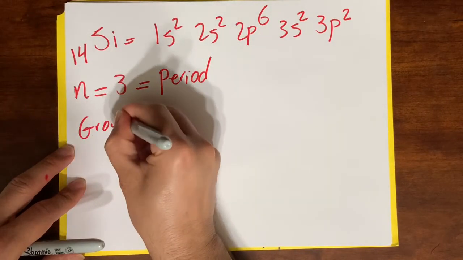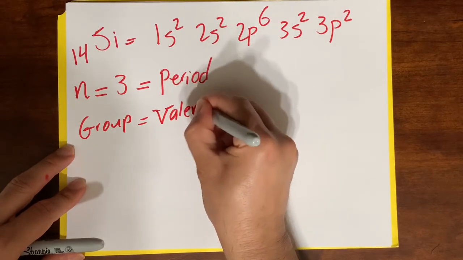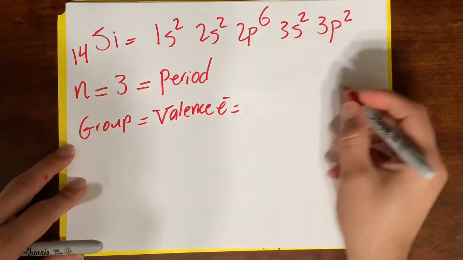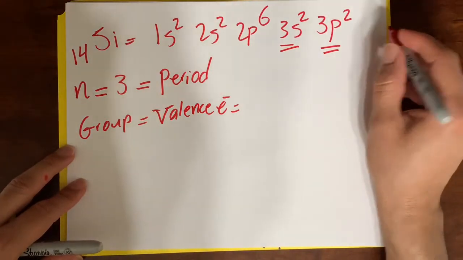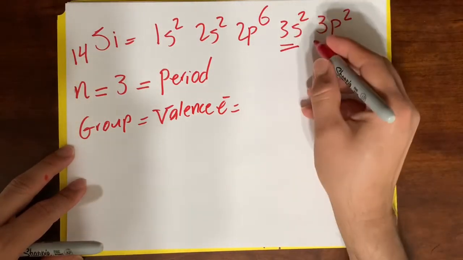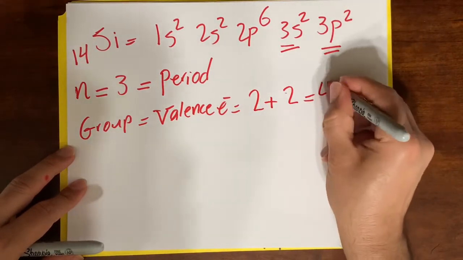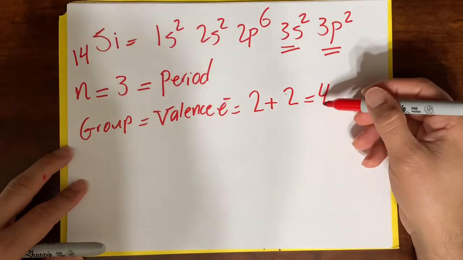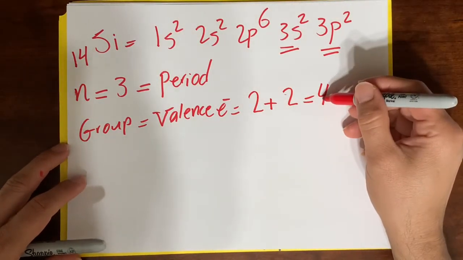Group, which is equal to valence electrons: I have two orbitals that belong to n equal 3, s and p. Add the electrons, 2 plus 2, 4. This element, silicon, belongs to group 4, the fourth group.